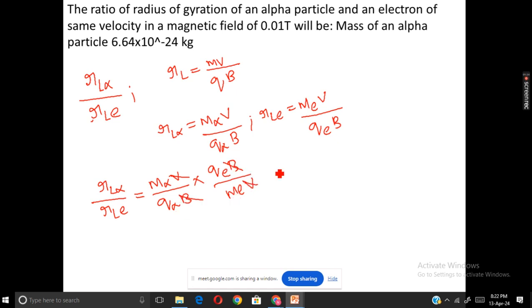B and B are same, that also will be gone. This will give you M alpha by ME into QE by Q alpha.